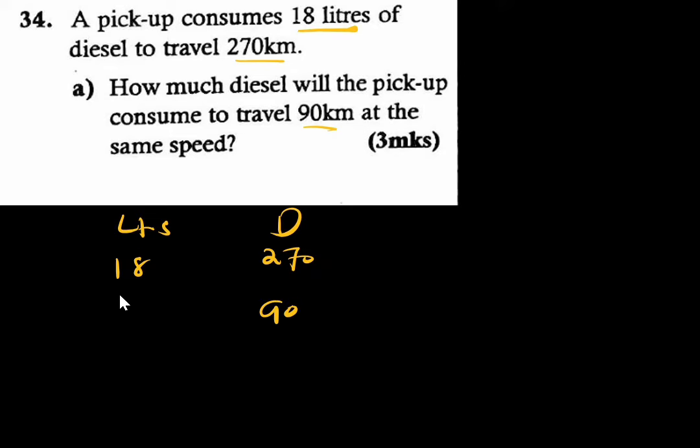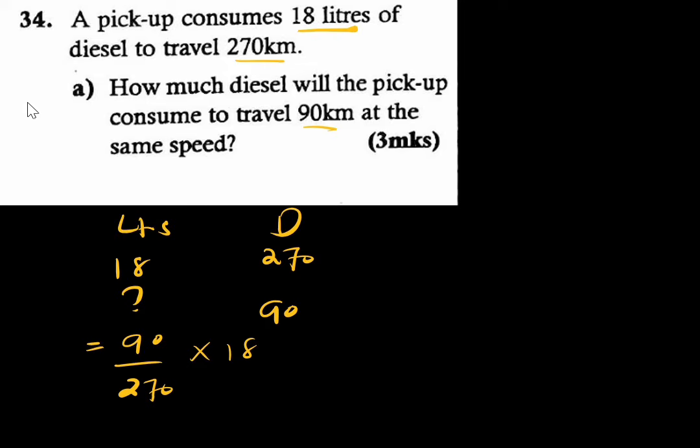So 90 kilometers, you don't have the number of liters. Then you ask yourself, if 18 liters, distance covered is 270, what about 90 kilometers? Will it need more liters or less liters? You can see the distance just decreased. The distance is small, and therefore you also need a small amount of liters. So the liters required is less, and therefore you choose the number which is less between 90 and 270. 90 is less, so you pick 90 over 270 multiplied by 18.